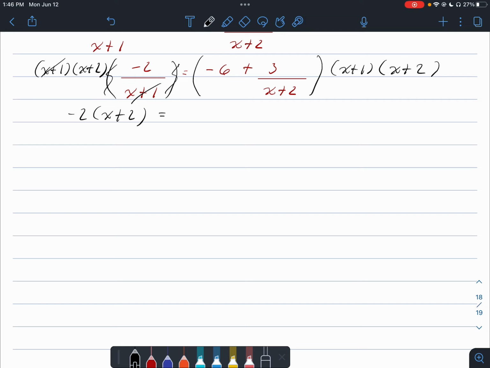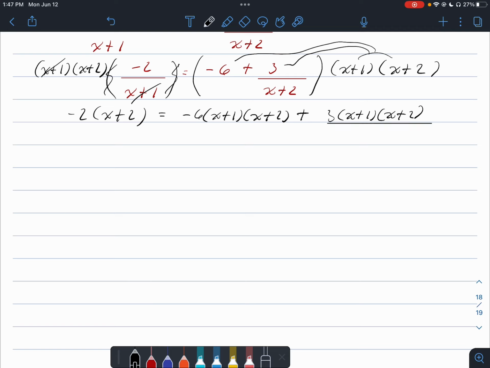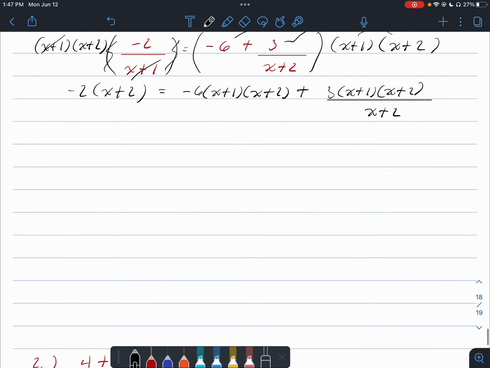Now on the right-hand side, let's distribute this x plus 1 times x plus 2. We distribute this whole thing first to the -6, so we'll have -6 times x plus 1 times x plus 2. Then we'll have plus 3 times x plus 1 times x plus 2, because we distributed this whole thing also to this 3 over x plus 2, and this will be over x plus 2.